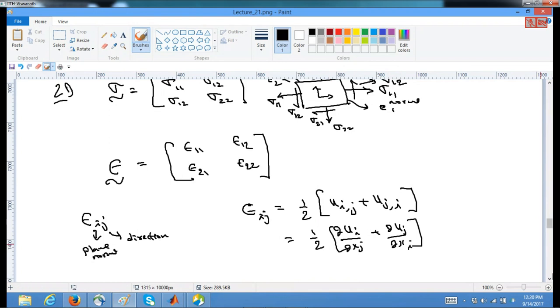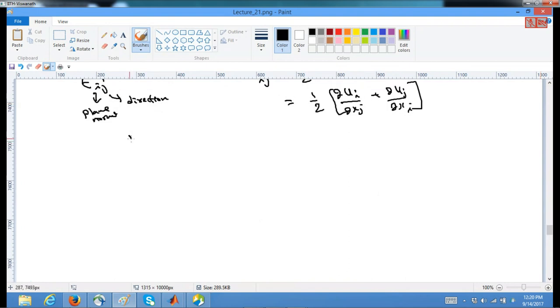For example, if I want to find epsilon 1 1, according to this definition, it is 1/2 (dou u1 by dou x1 plus dou u1 by dou x1), that is equal to dou u1 by dou x1.